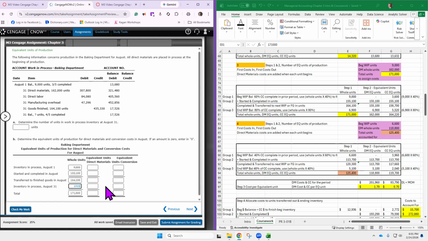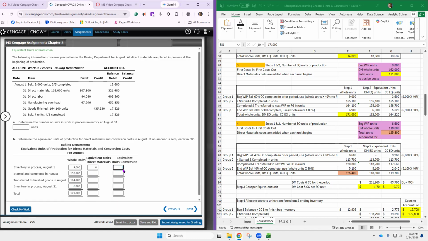All right. Now we're going to do the equivalent units for direct materials. Whenever we start off with the beginning, we don't need to add any more costs to direct materials. They're already there, so this is always going to be a 0.